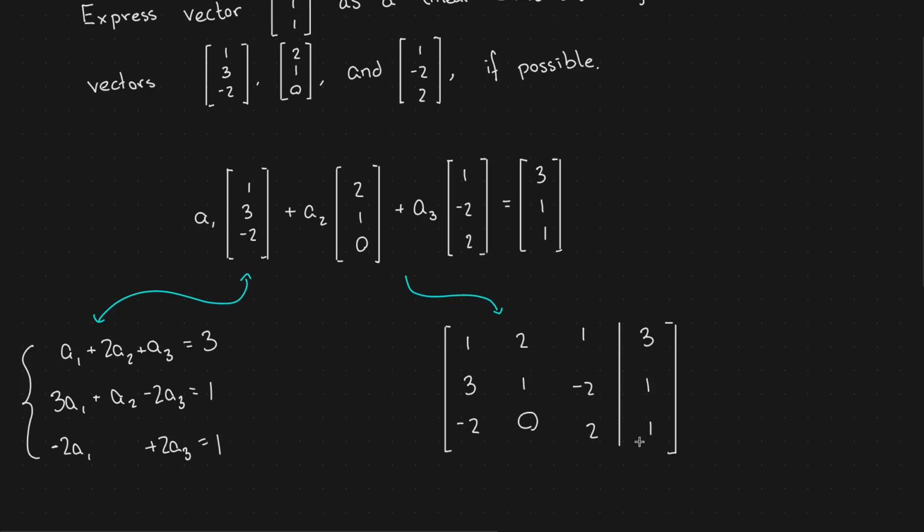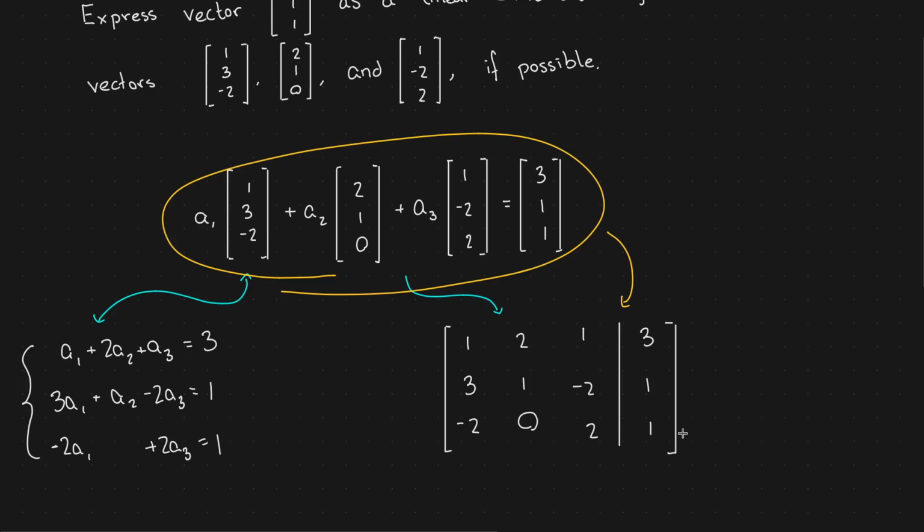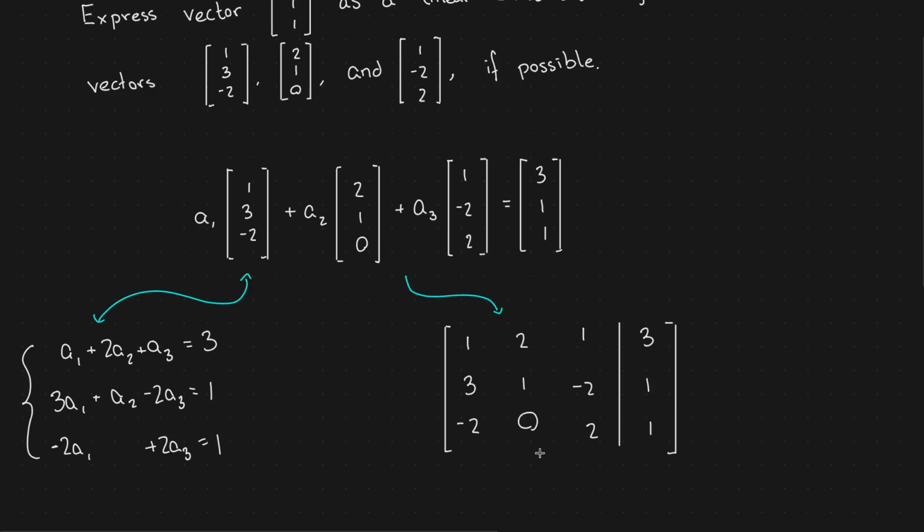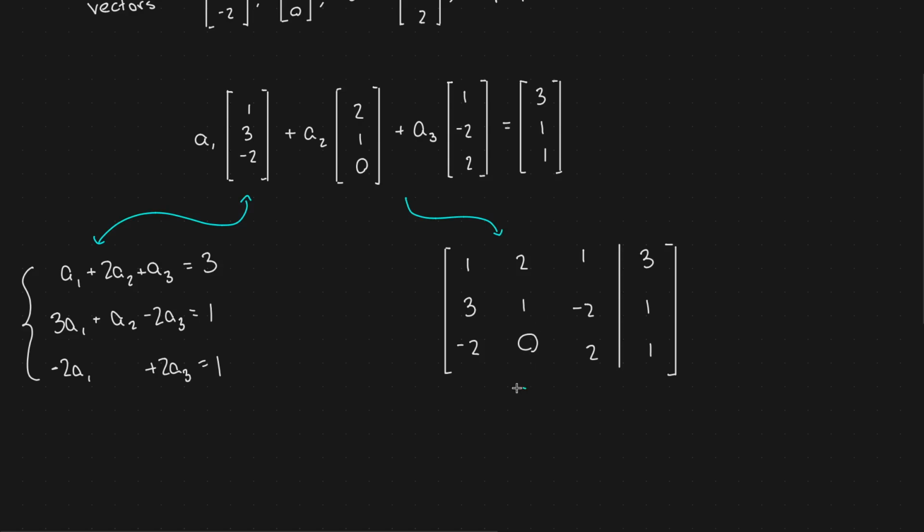Okay? So we could jump straight from here to here. All right. So if we want to solve this system, we can rewrite this. We could use elementary row operations to transform this into a reduced row echelon matrix.